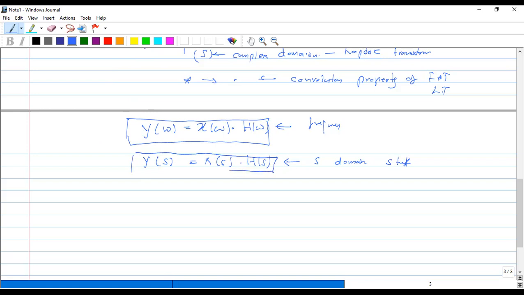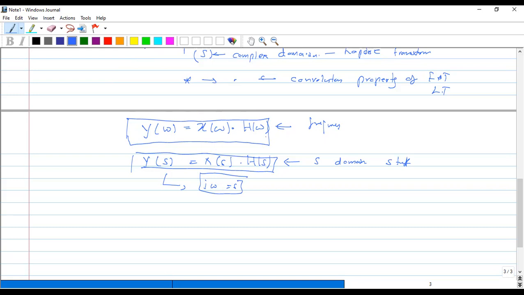Both are the same. Instead of S, you just apply j omega, so you can convert from S to frequency. It is very simple. Now we are mostly focusing on this frequency domain analysis.